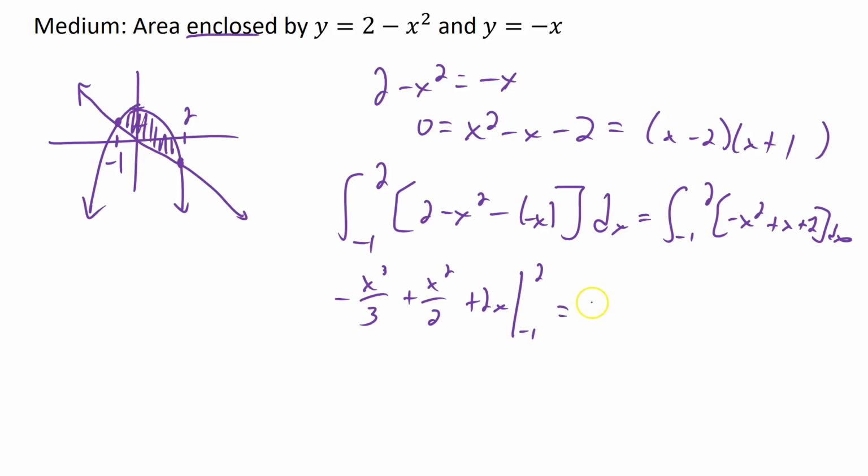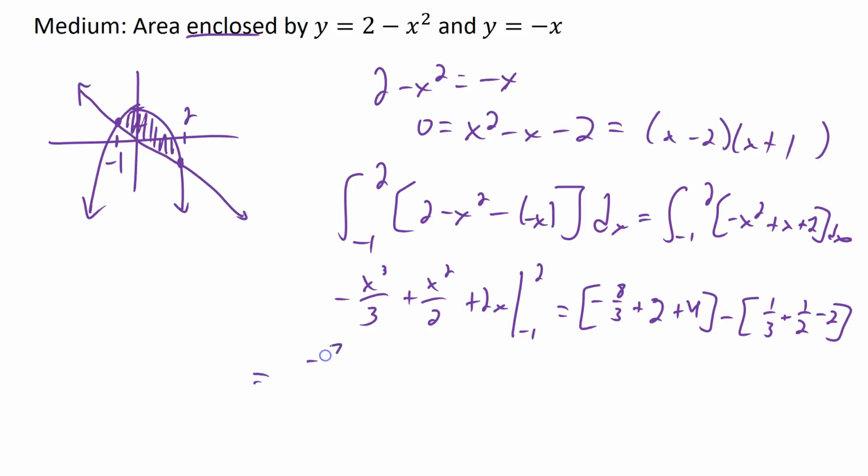2 cubed is 8, so I have negative 8/3. Plus 4 over 2 is 2. And then plus 4. Then we subtract off, put in the negative 1. Negative 1 cubed is negative 1. Negative of negative 1/3 is positive 1/3. Plus x squared over 2, so that's plus 1/2. And minus 2. So be careful with your negatives here.